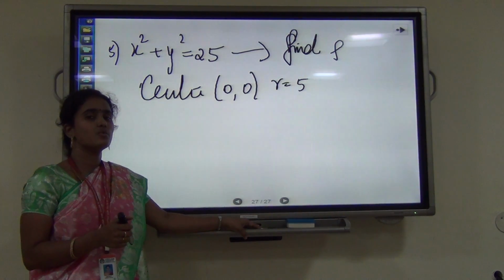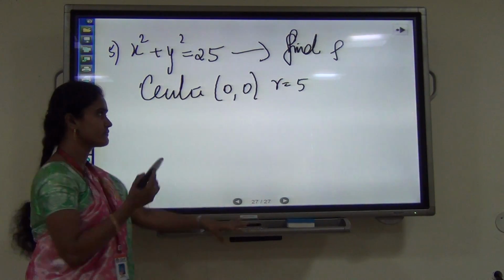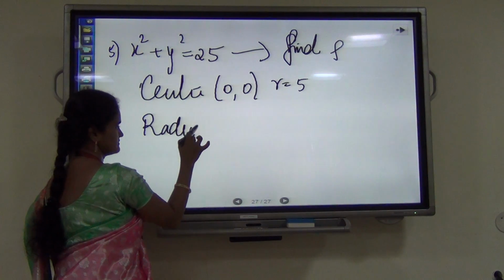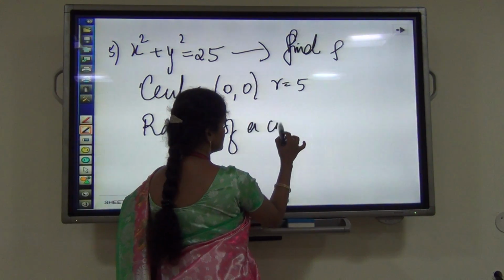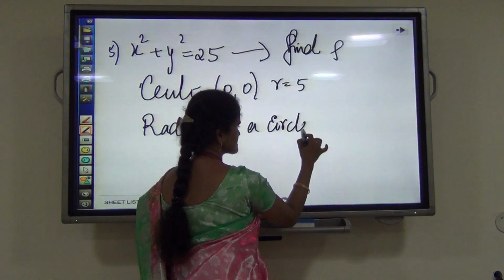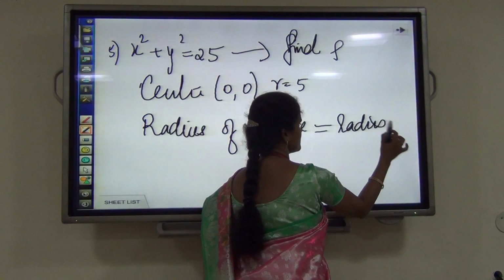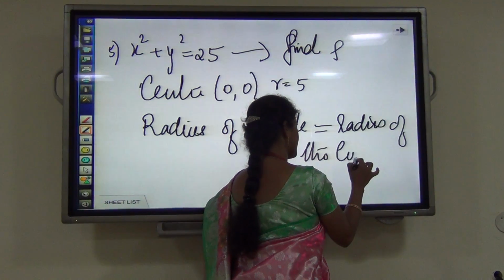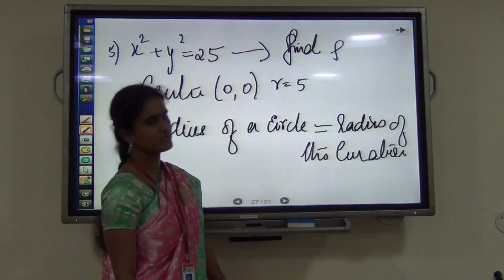Now we have one property where the radius of the circle is nothing but the radius of curvature. So this property we are going to use.